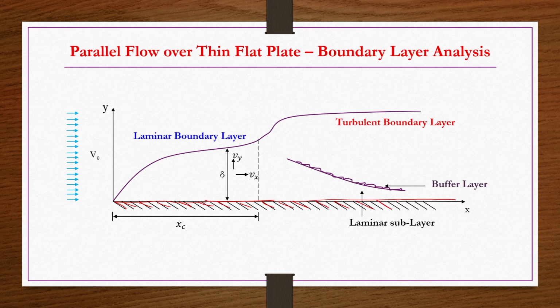The coordinate system is such that the horizontal axis is the x axis and the vertical axis is the y axis, and the fluid is flowing at a free stream velocity V naught. The velocity component in the horizontal direction is Vx, and in the vertical y direction is Vy.